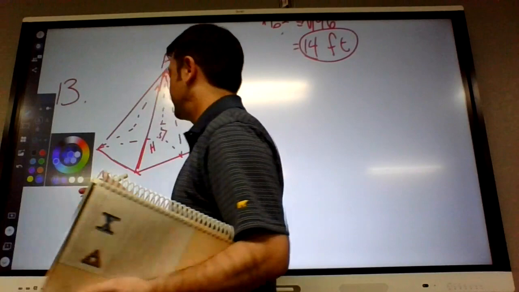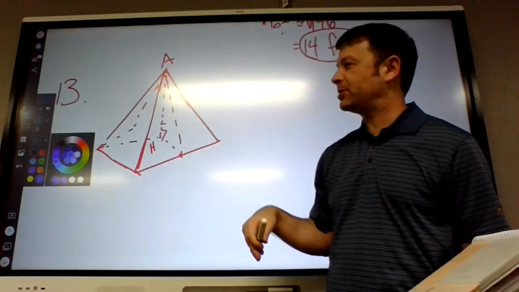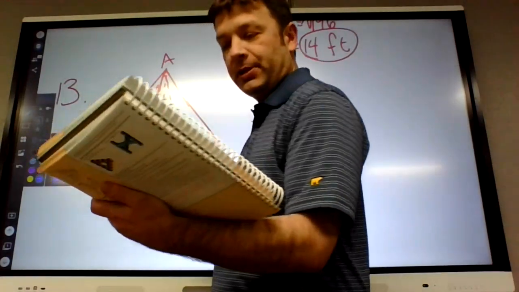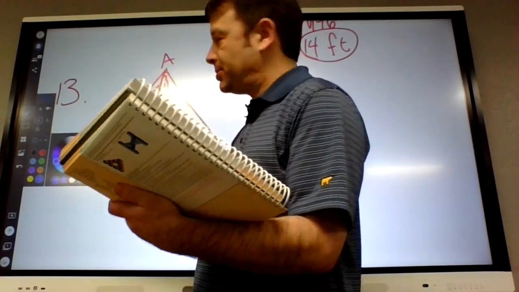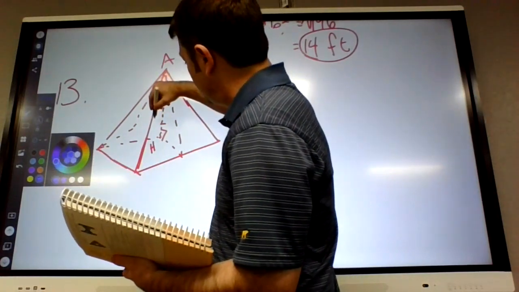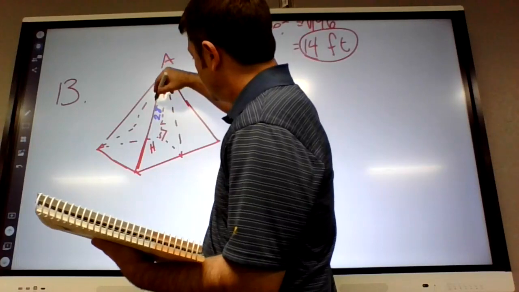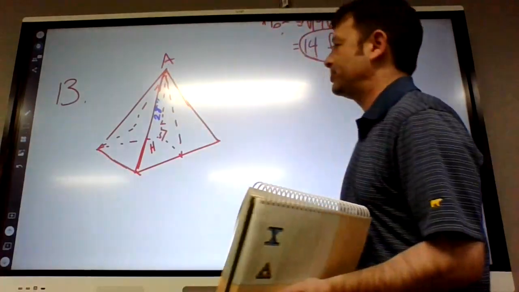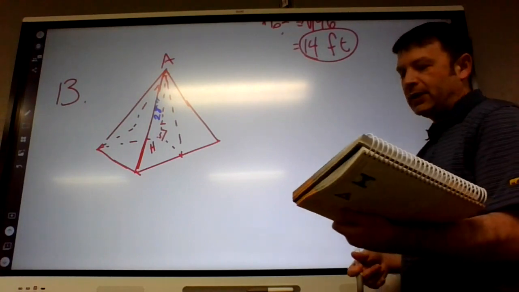Alright, guys, that's enough. Okay, this is supposed to look like what the book looks like, but I can't draw it that neatly. So on 13 it says AH is 28, that's the height of 28 inches. That's the height of the pyramid, going from the ground straight up to the top.